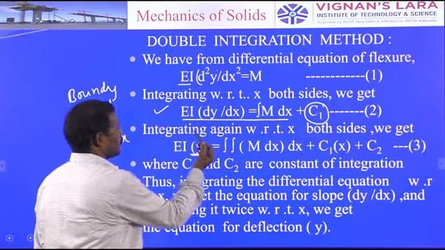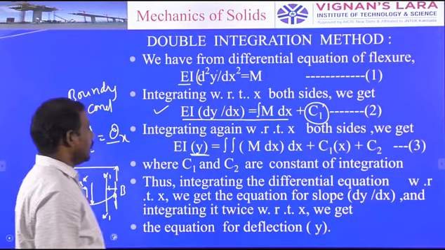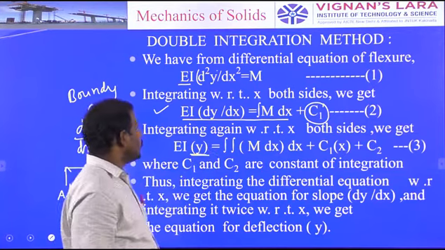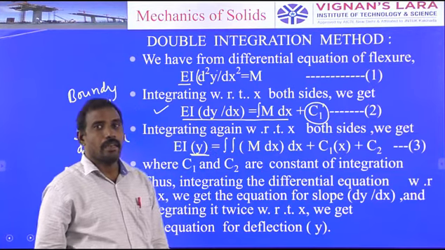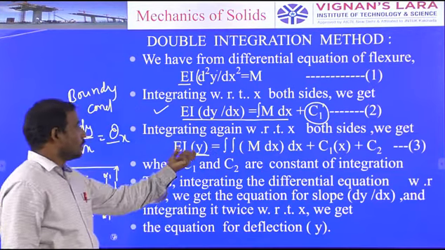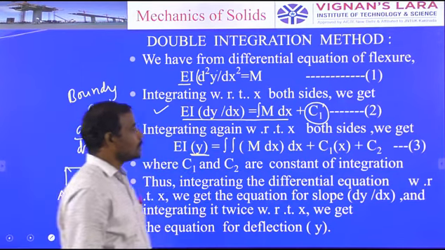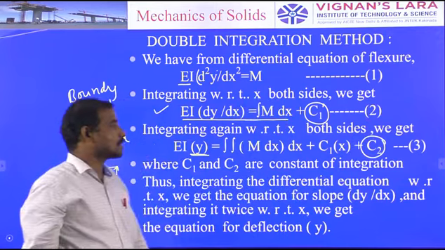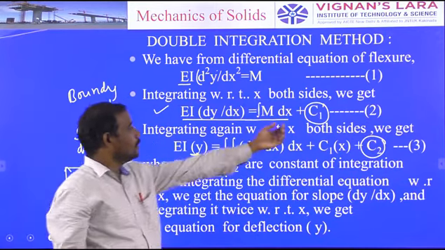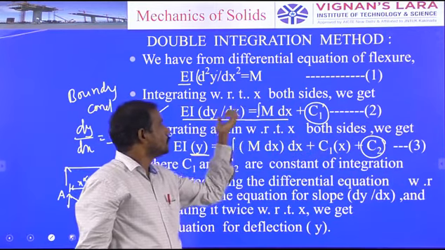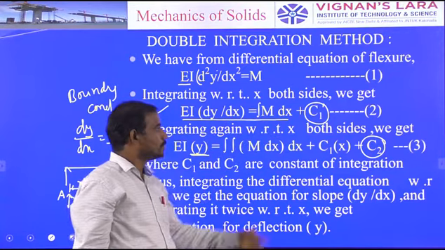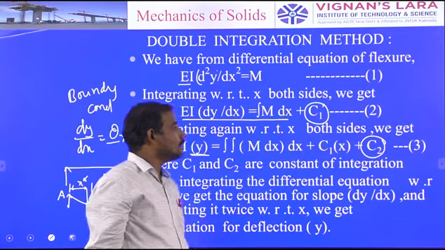Once the second equation is integrated with respect to x again, we get the deflection. Again we have to impose the boundary conditions, particularly regarding the deflection, from which we can find the C2 value. Already, by imposing the boundary conditions regarding the slope, we get C1.